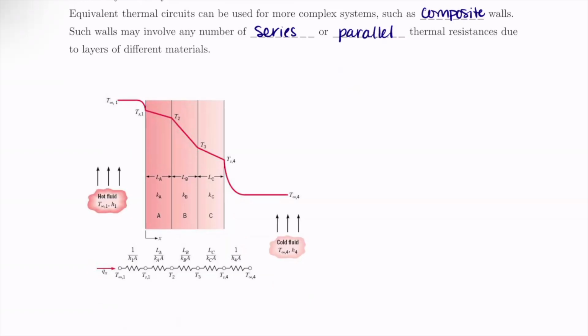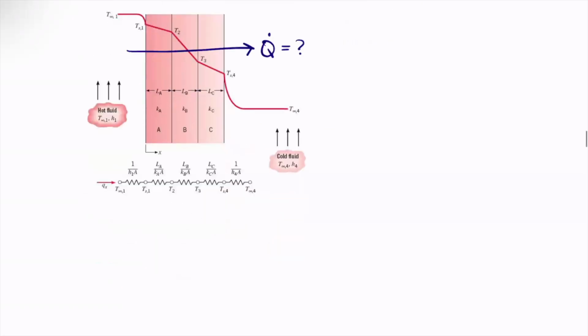So we'd have Q dot going this way. Okay, and so what we have here is this circuit, which is drawn below. So we have our resistance of convection. So this is convection, and then we have convection on the other side too.